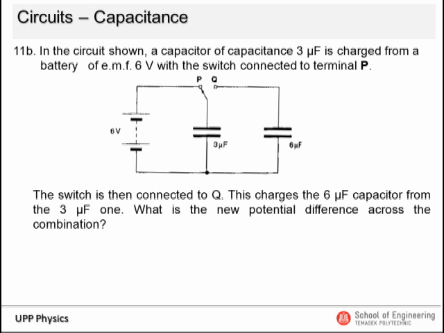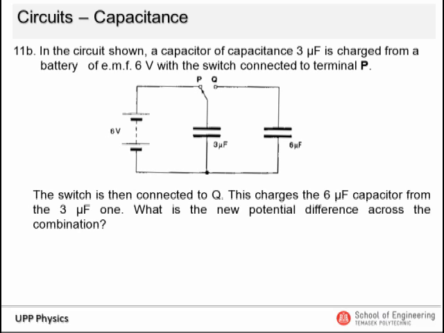So what happens when the capacitor of capacitance 3 microfarad is charged from a battery of EMF 6 volts with the switch connected to terminal P? Well, charges will be stored in the 3 microfarad capacitor when it is connected to the 6 volt battery.